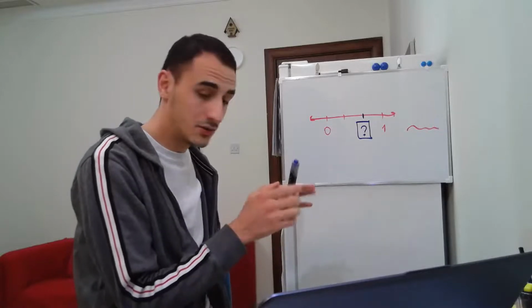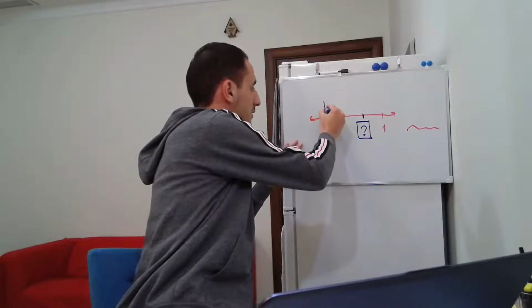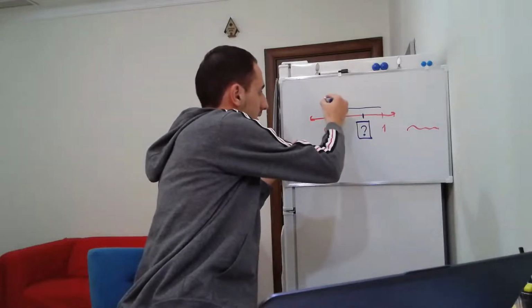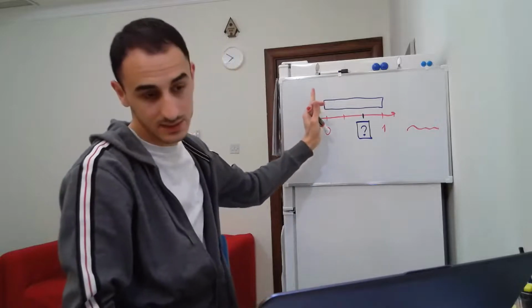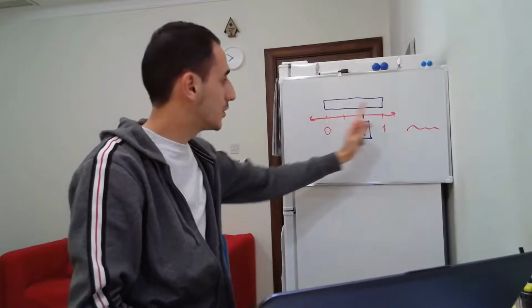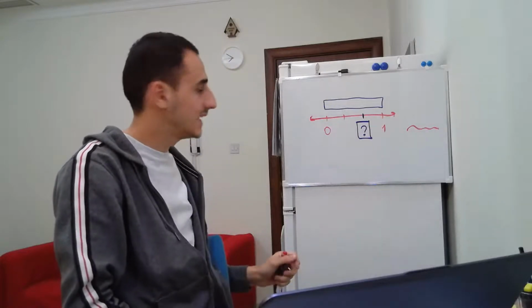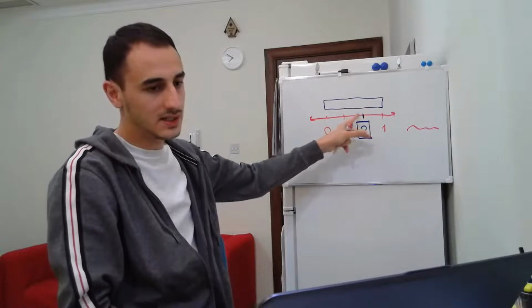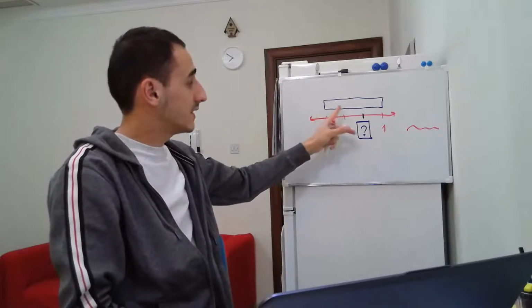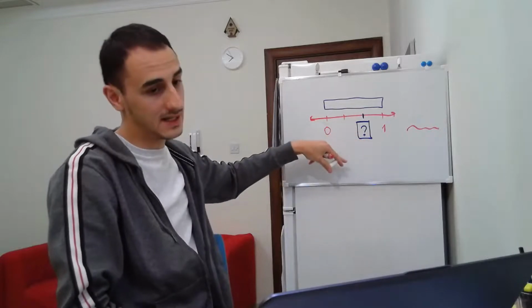So how does it work? You draw a horizontal bar on top of the number line. You start from 0 and you end on 1. Then you divide your horizontal bar into several sections like your number line.